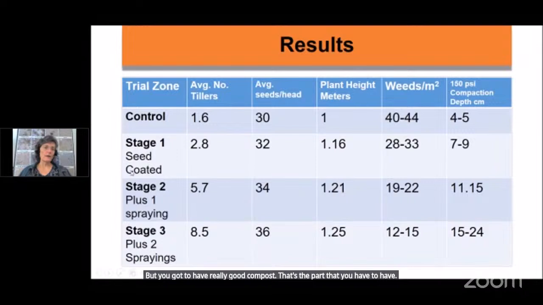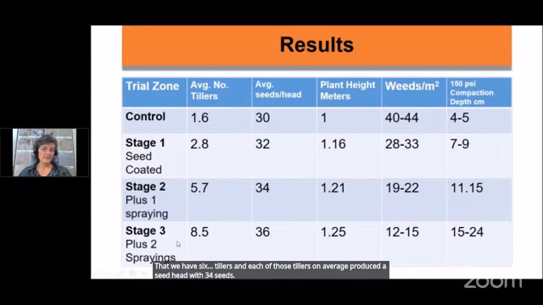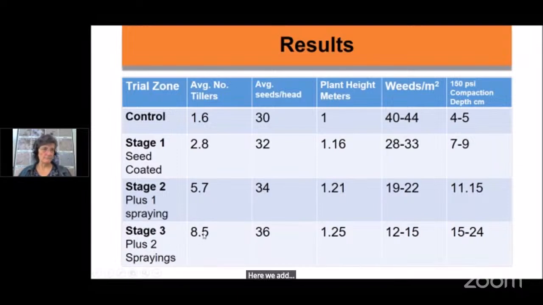Here we are with applying an application at first true leaf stage of the biology, that we have 6 tillers, and each of those tillers on average produced a seed head with 34 seeds. Here we had 8.5 tillers. So each of those heads on each of those tillers had 36 seeds.